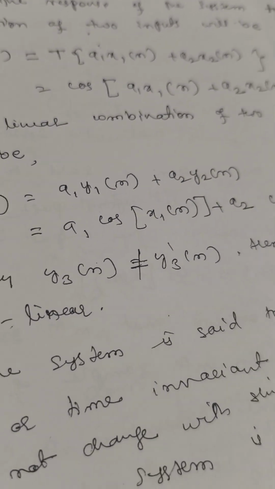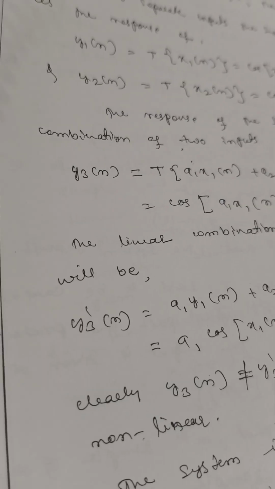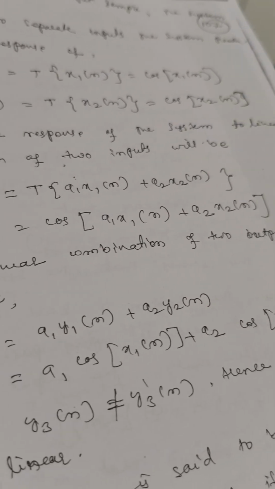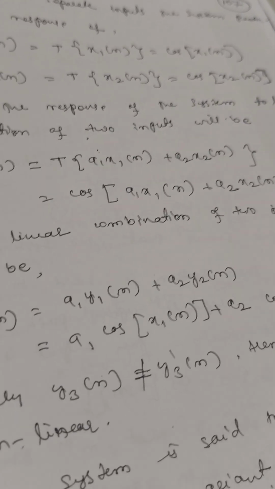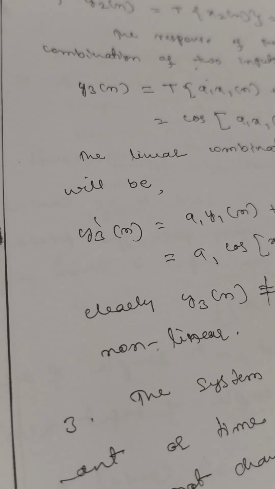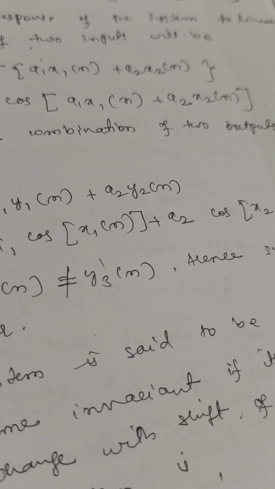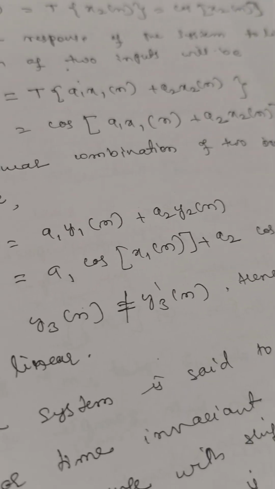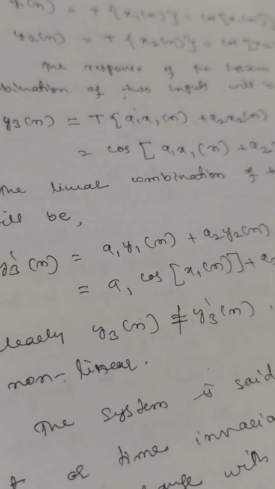Then from observing the equation, you observe y3 of n and y3 dash of n.